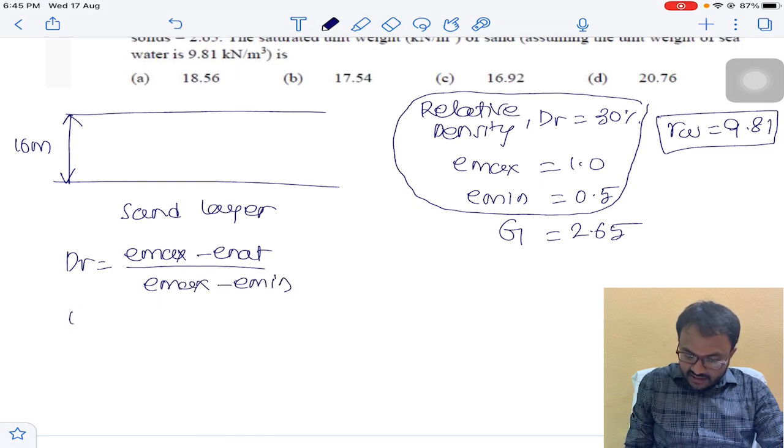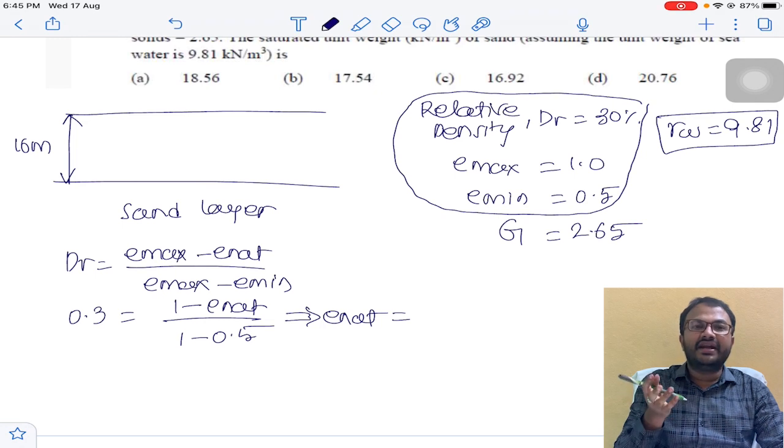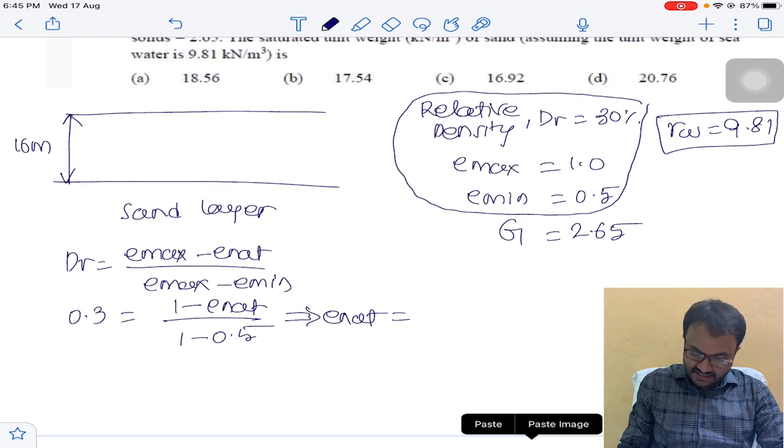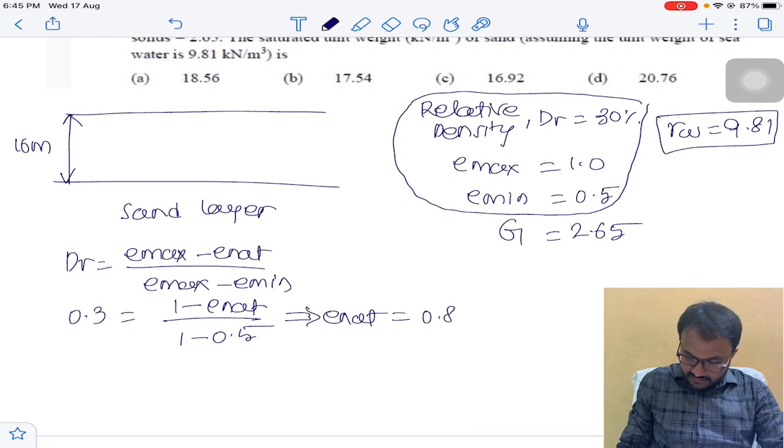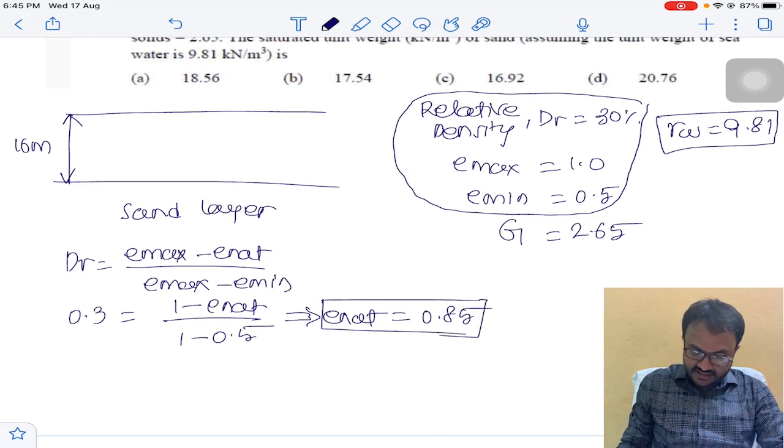So Dr he has given it is 30%. I am writing it is 0.3 = (1 minus e natural) divided by (1 minus 0.5). So from this equation, e natural, that is void ratio in natural condition, is equal to 0.85. Clear? So this we got from this relative density formula.